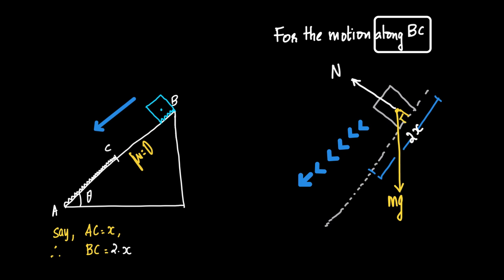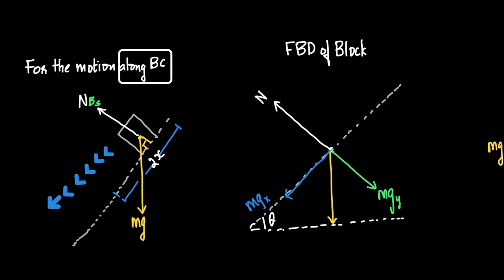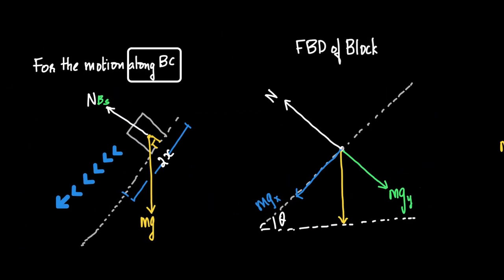This is the normal reaction on the block due to the inclined surface. How can we draw the free body diagram? We consider this complete block as one small mass with two forces acting on it: normal reaction, perpendicular to the plane, and weight, acting downwards towards the center of the earth.